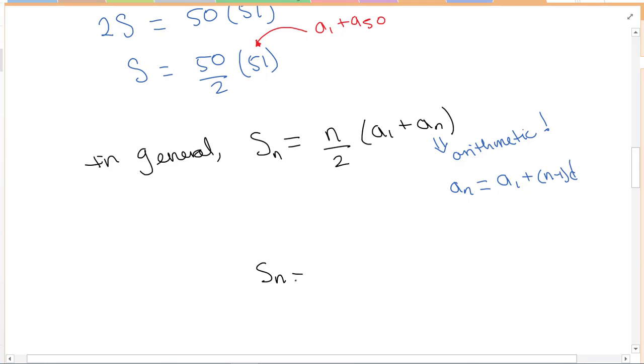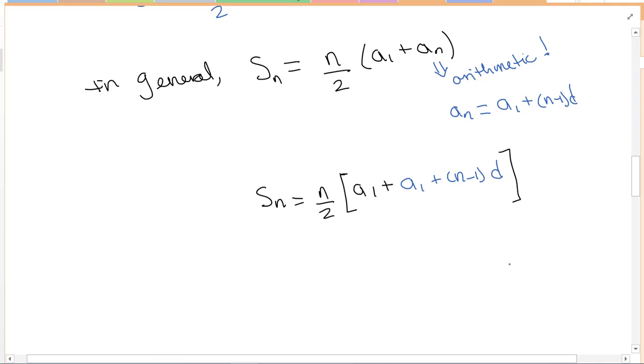So S sub n will be n over 2 times, I'm going to use bracket here, a1 plus a sub n. And using the formula for the arithmetic sum, a1 plus n minus 1 d, and simplify it. So it'll be n over 2 times a1 plus a1. Those will be like terms, so it's 2a1 plus n minus 1 d. So this will be the formula.